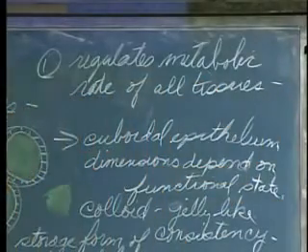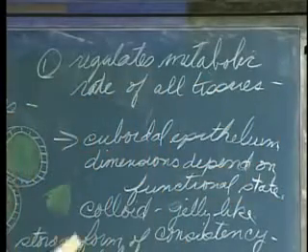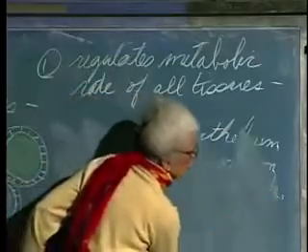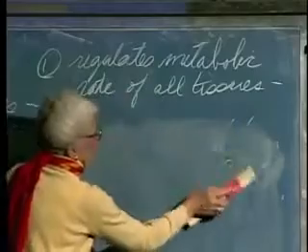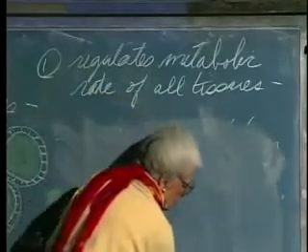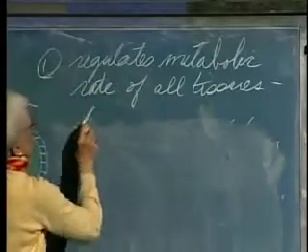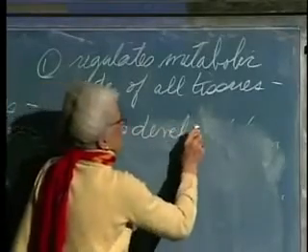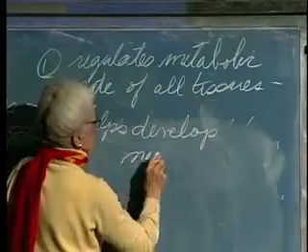And it functions in the development of the nervous system. You need the thyroid hormone to develop a healthy nervous system.